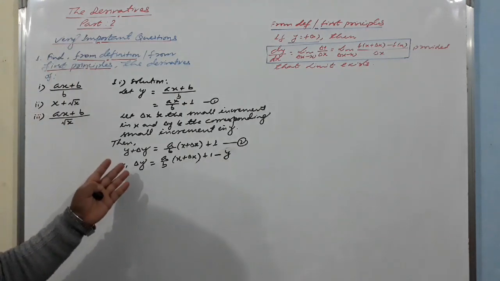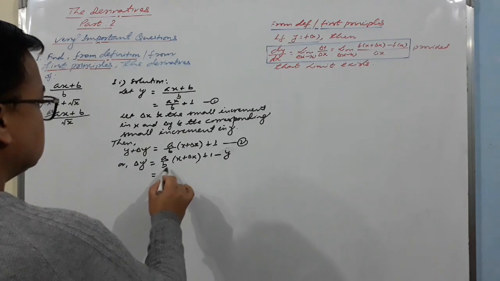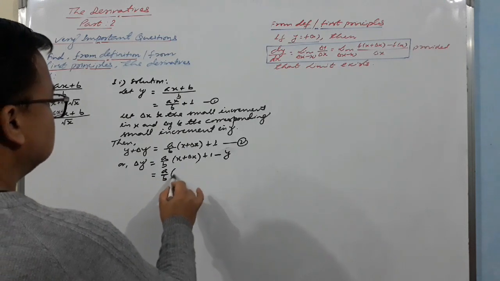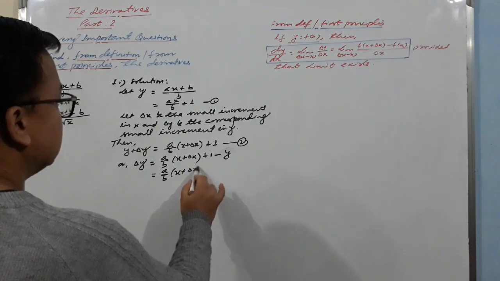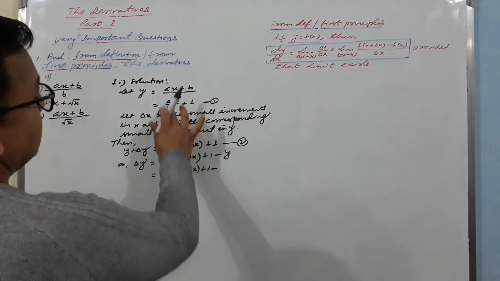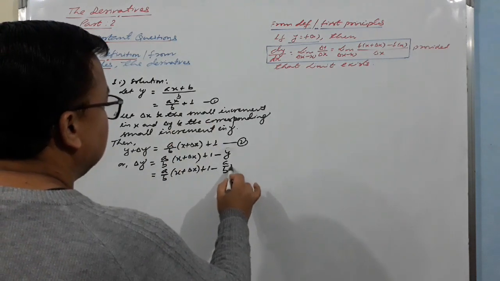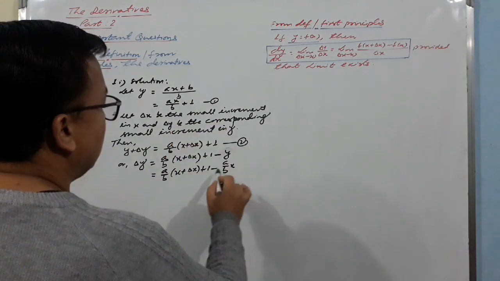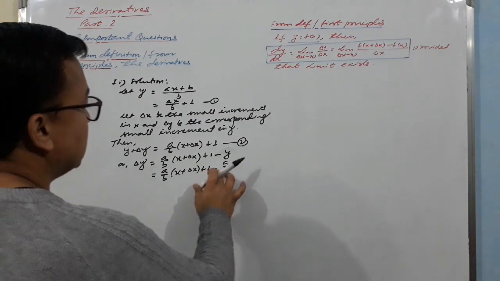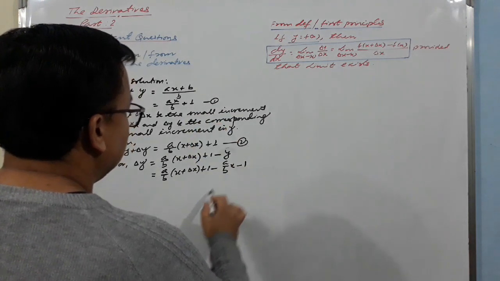We have shifted y from the left hand side to the right hand side. What's the value of y? Instead of y, we can plug in (a by b)x plus 1. There is a negative sign, so this plus 1 becomes minus 1.